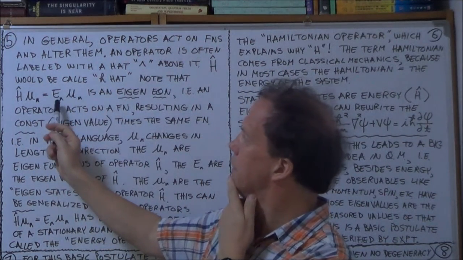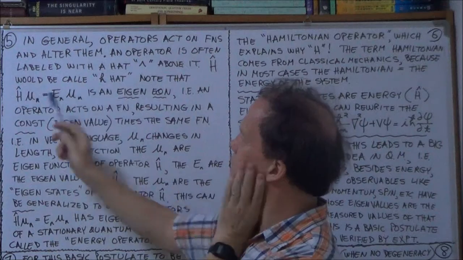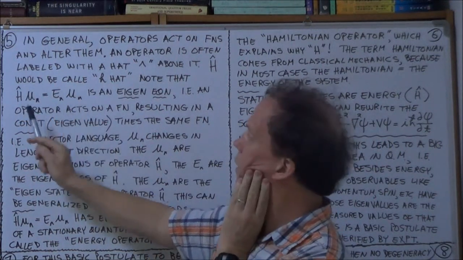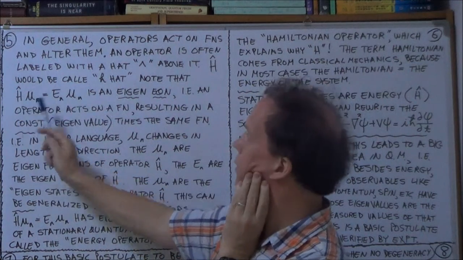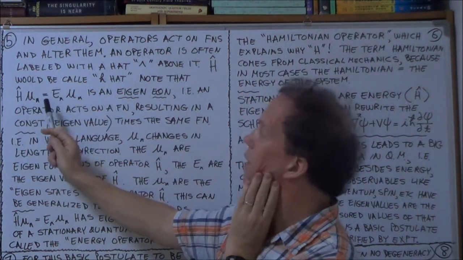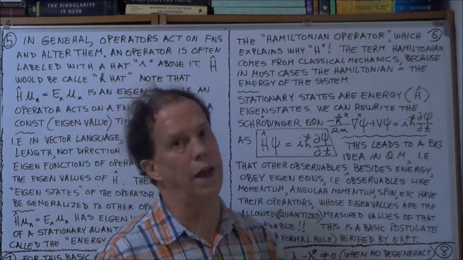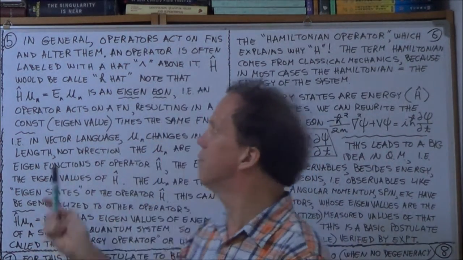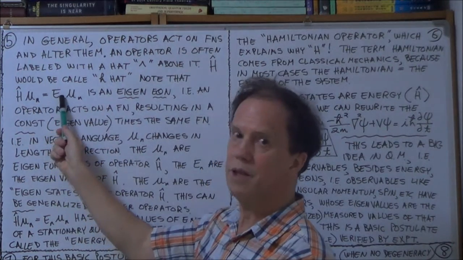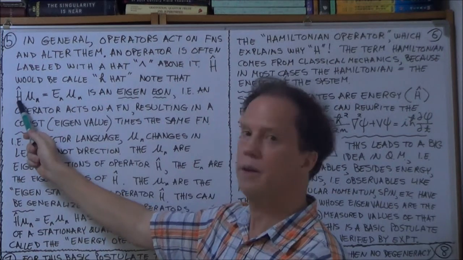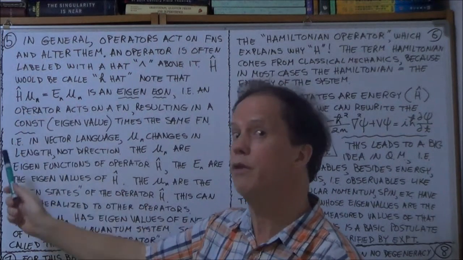In this case it's energy, but if that were angular momentum, you'd have allowed angular momentum values. If that were the spin operator, you'd have allowed spin values, and so on. So you go to the lab and you actually measure these discrete, quantized values of your observable.